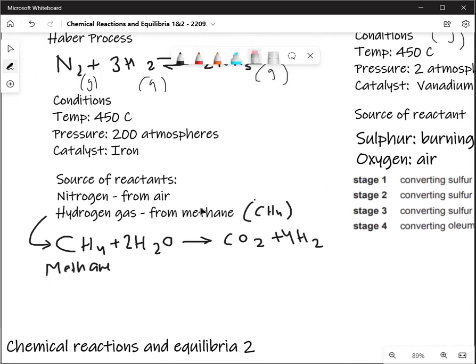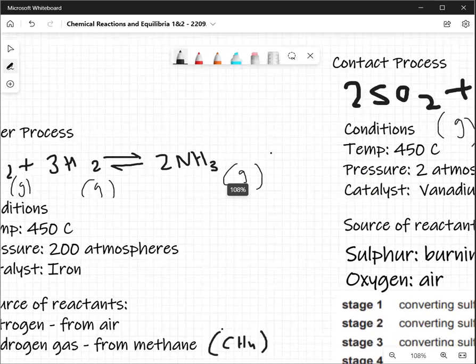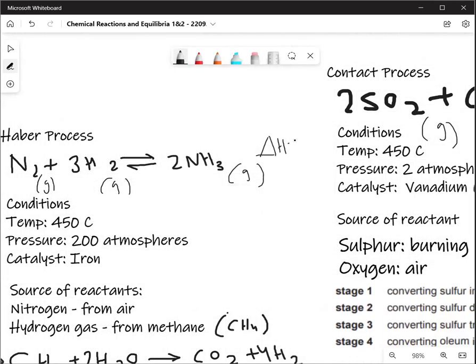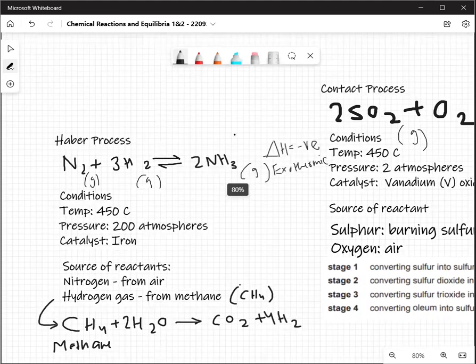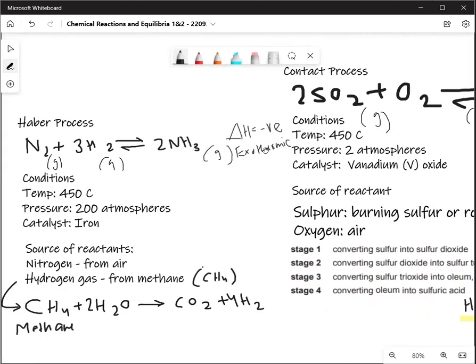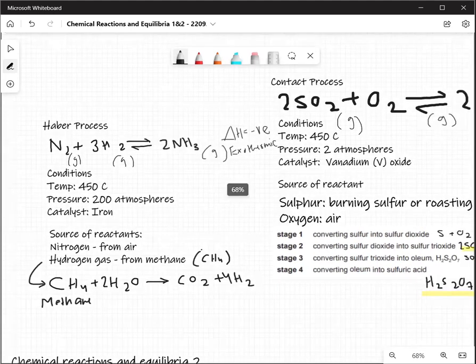Another thing, go to your reactions and add one more thing here. The Haber process has delta H negative, which means this is exothermic. In front of the reaction, write delta H is negative, exothermic. Whenever the delta H is negative, the reaction will be exothermic.